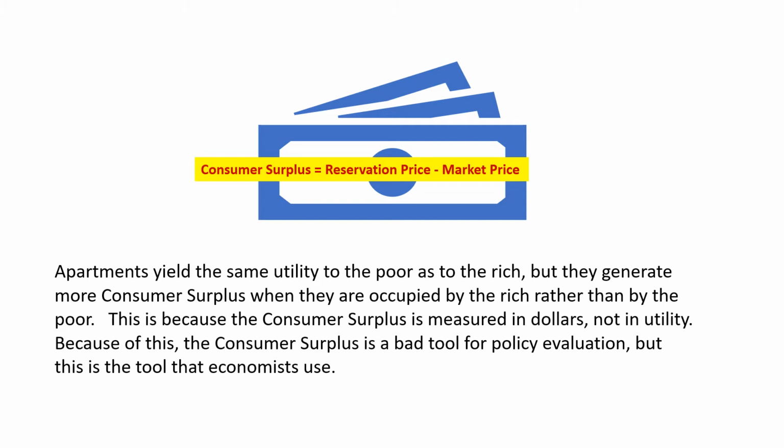This is because the consumer surplus is measured in dollars, not in utility. Because of this, the consumer surplus is a bad tool for policy evaluation, but this is the tool that economists use. In a similar way to the consumer surplus, we can also measure a producer surplus.